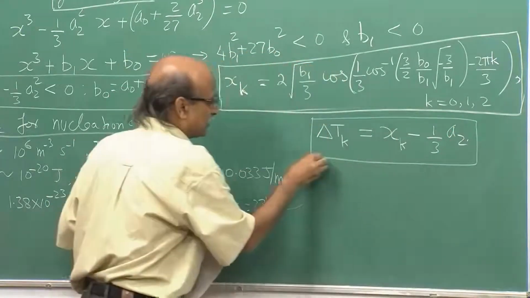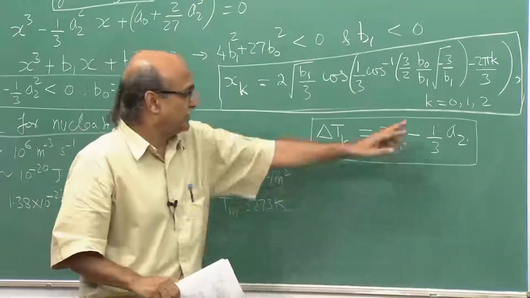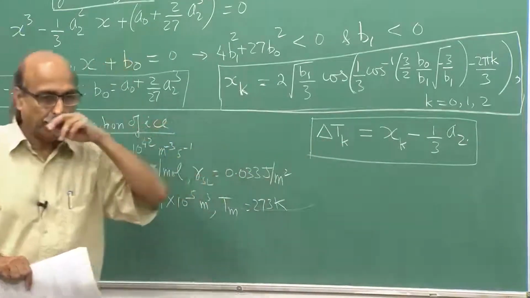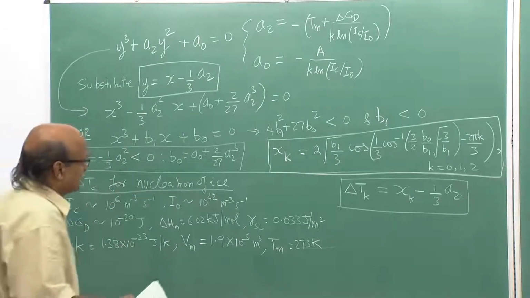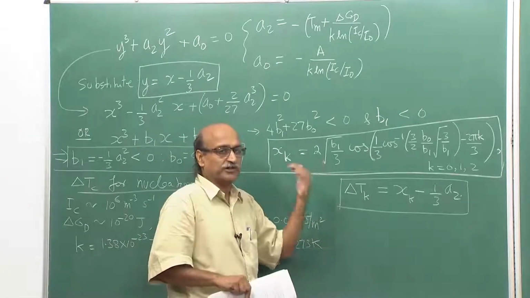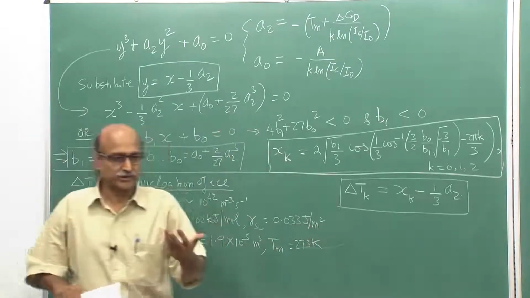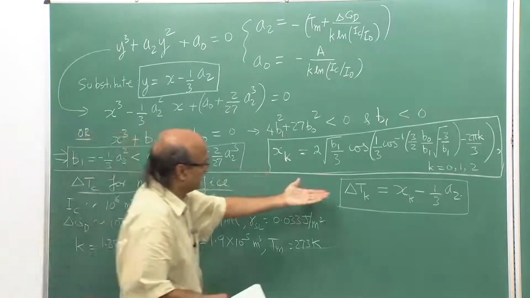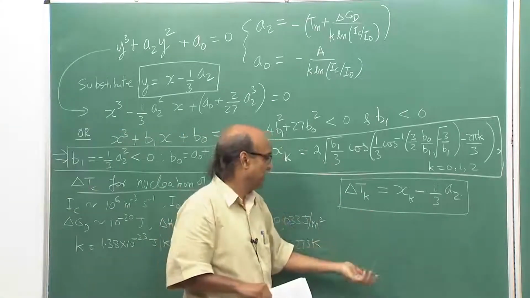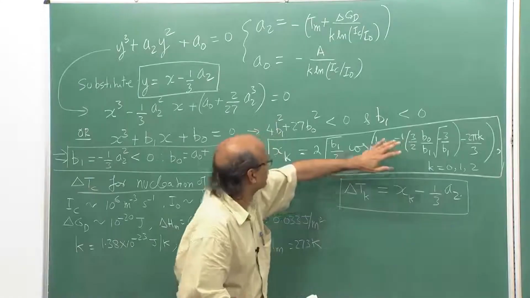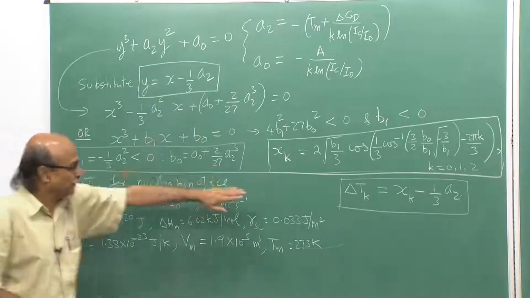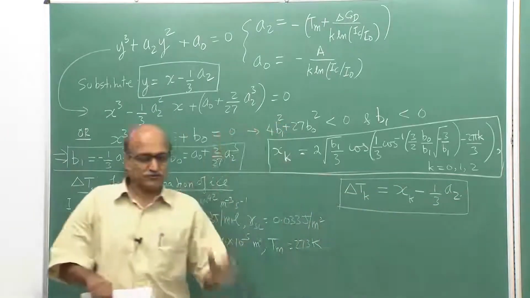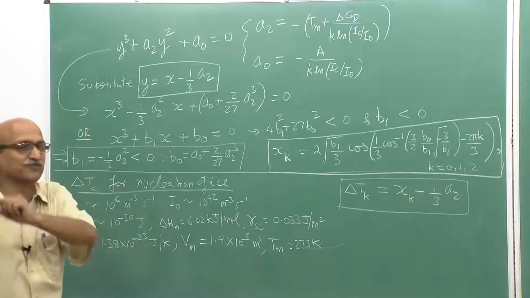So, from here for 3 different values of k, 0, 1 and 2, I will get 3 different values of undercooling, but out of which we have to select one, and you would find that 2 of the undercoolings are actually a negative number. Now, we are talking about temperatures below Tm and the undercooling is Tm minus T, hence the undercooling has to be positive. So, out of the 3 roots of the cubic polynomial, I will have only one root which has physical validity or which is valid for the physical system.